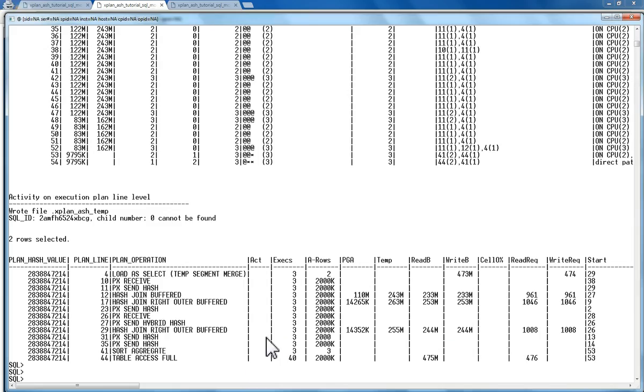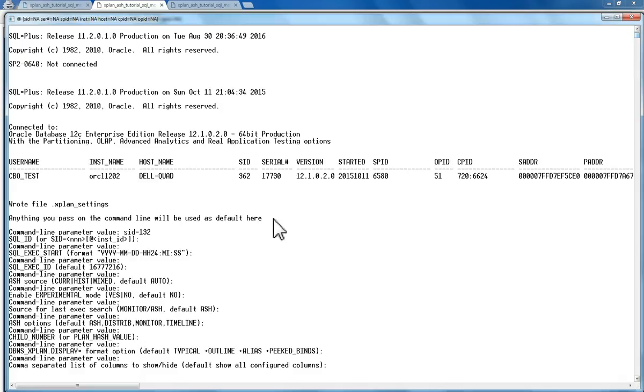In case there is no execution plan available, which might happen because either the execution plan has been flushed from the library cache, or maybe it hasn't even been recorded in the AWR, that's the reason why there is also this mixed option here. So you have these three different modes for the active session history.